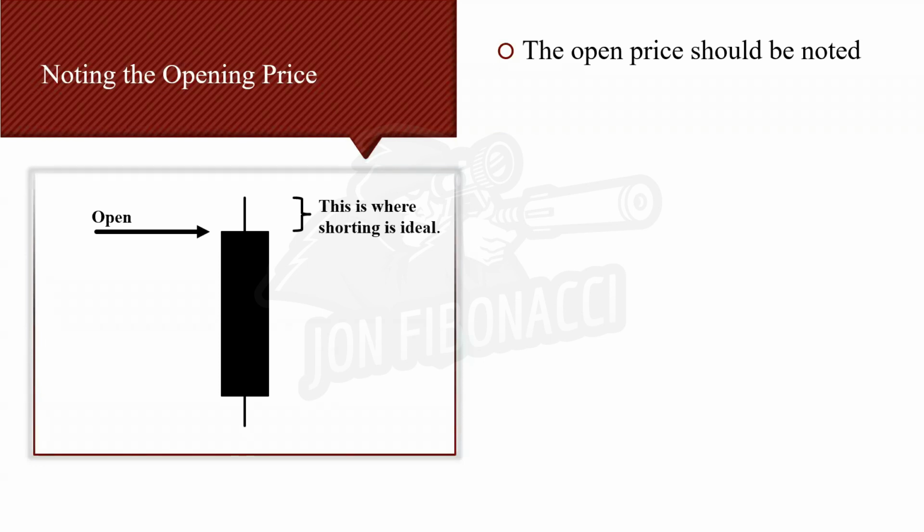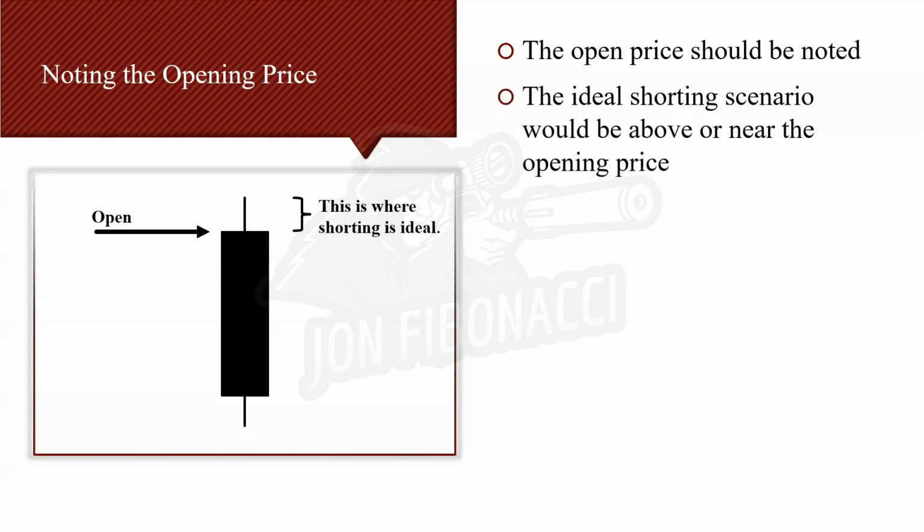But it's totally up to you. All right, whatever you want to do. The ideal shorting scenario would be above or near the opening price. Now, again, it has to be in bearish conditions. If you're in bullish conditions, you're going to screw it up. All right, we'll just put it that way. You'll screw it up. All right.